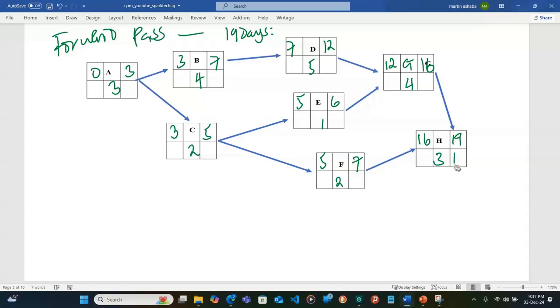So we put our 19, and that becomes the latest finish time for this activity, and we go backwards.